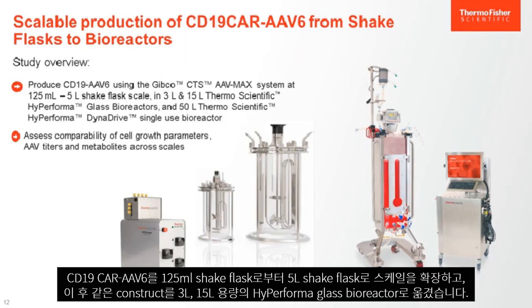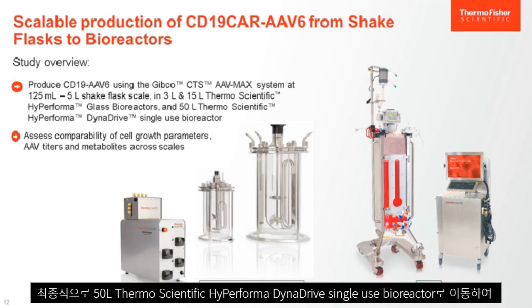So for this portion of the presentation, this study comprised generating an anti-CD19 CAR AAV6 serotype from shake flask scale in 125 ml shake flasks up through 5-liter shake flasks, and then taking that same construct into 3-liter and 15-liter Thermo Scientific high-performance glass bioreactors, and finally into the 50-liter Thermo Scientific high-performance Dynadrive single-use bioreactor.